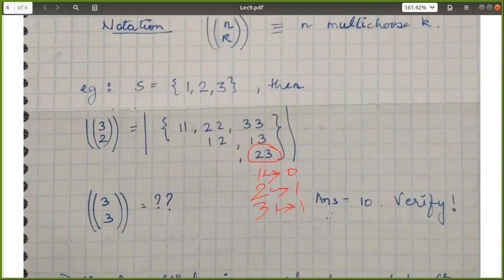And all these numbers, when you add them up, give you the cardinality of this particular set. So given the set S, what nu you choose defines a finite multiset.